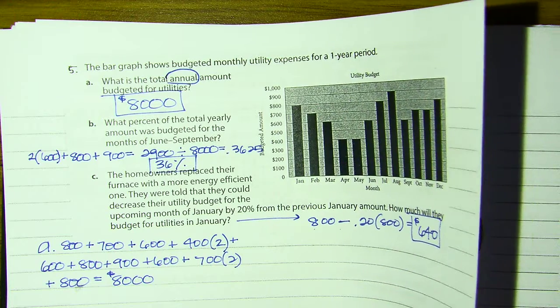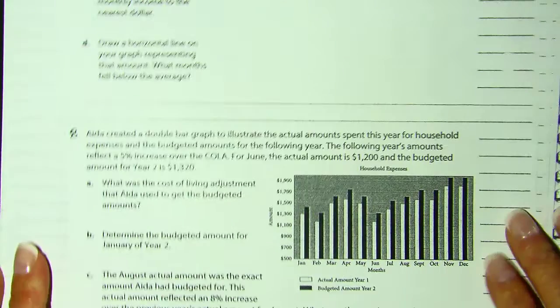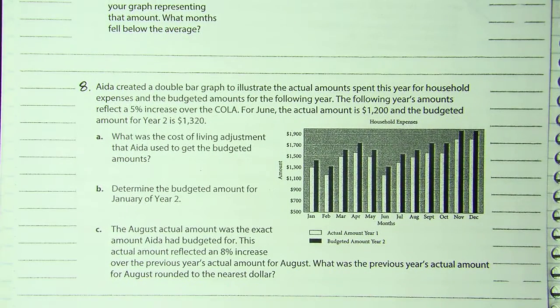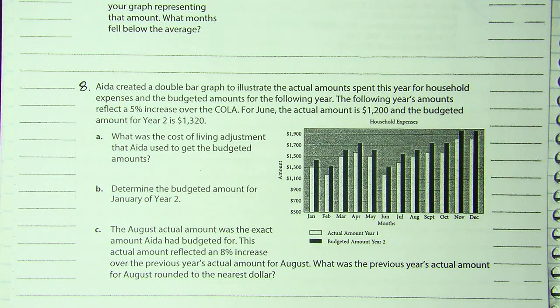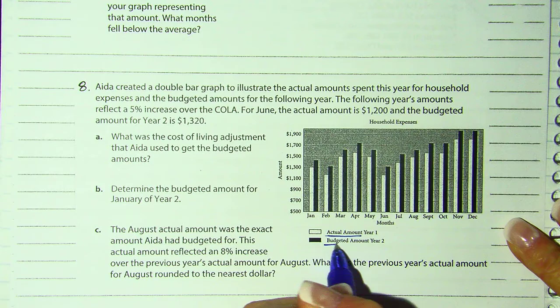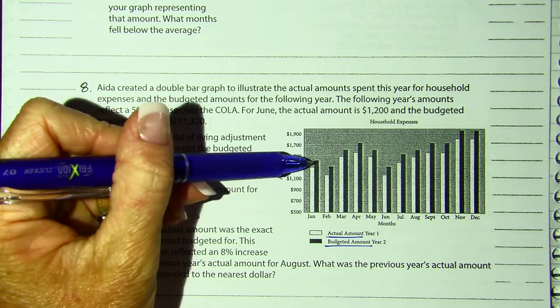Kind of skipping around here for the parts that you'll actually cover. All right, so this looks at the amount that was spent versus the amount that was budgeted. So this is the actual amount, and the dark is the budgeted. So in some months, she spent less than her budget.